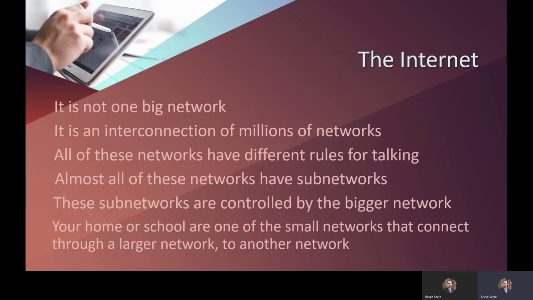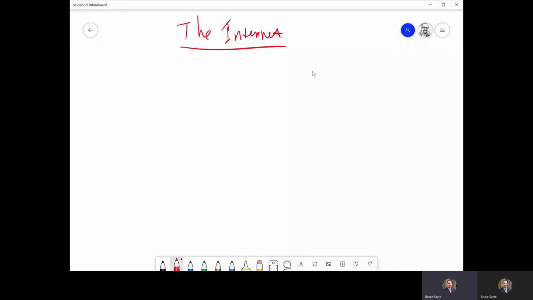Let's take it the next step, and we are going to illustrate for you what that really looks like. So I've got a little whiteboard here, and I've got the internet. When we talk about the internet, we're going to go back to the idea that it's not one big network. However, to help illustrate the millions and millions of networks, I'm going to do what everyone else does. I'm going to draw a fluffy cloud.